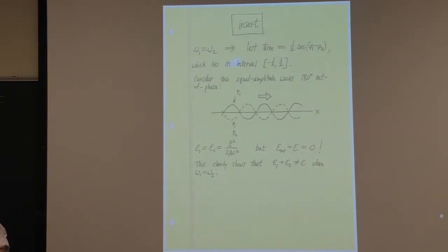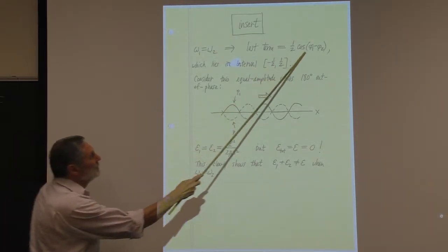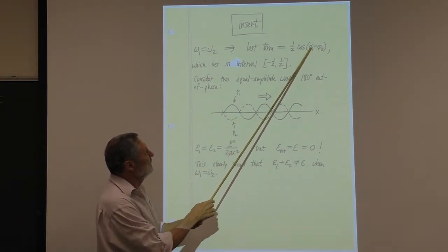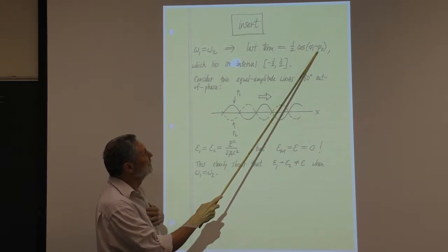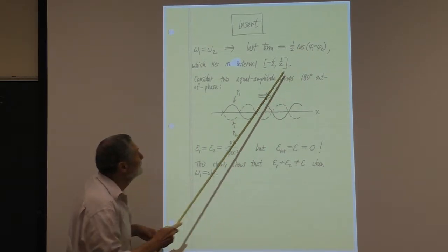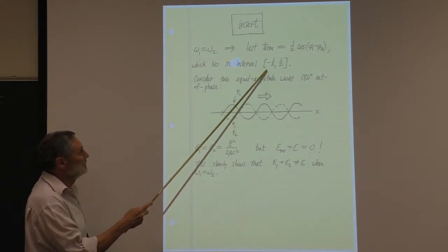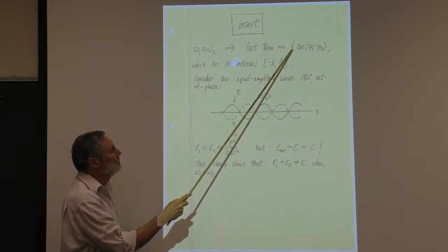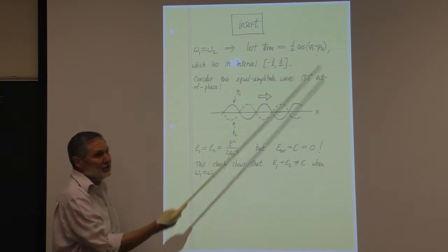We end up with a phase here. This could be 90 degrees, the cosine here could be 0. This is a constant, but in general it's only restricted to the interval minus 1/2 to 1/2. It could be 0, but you're not guaranteed that.